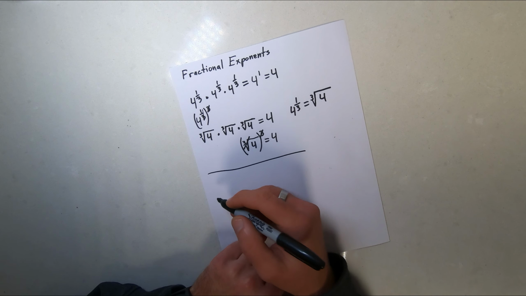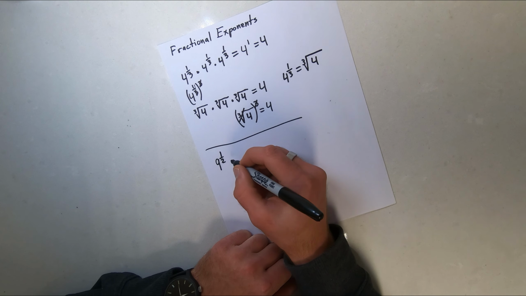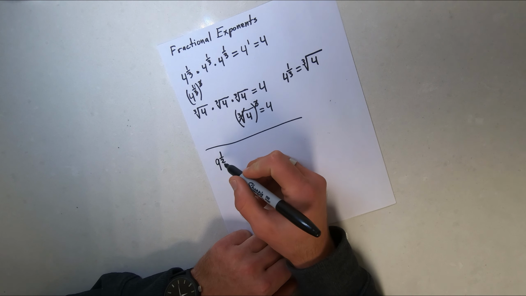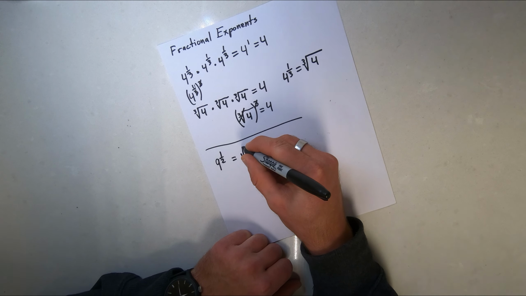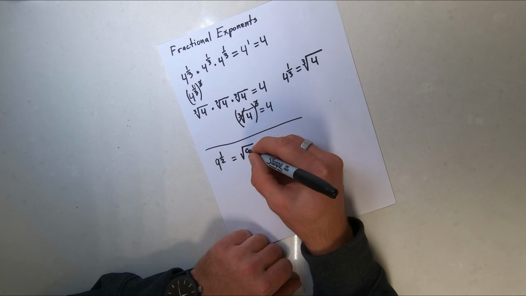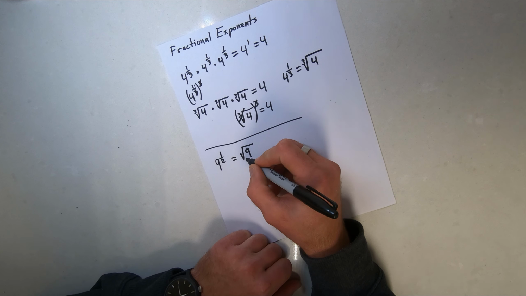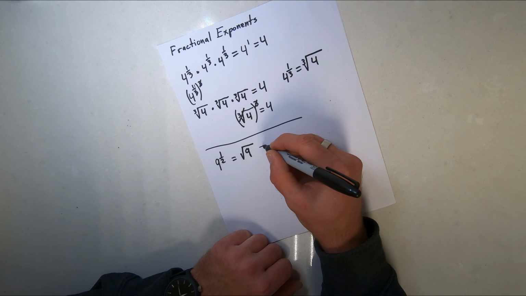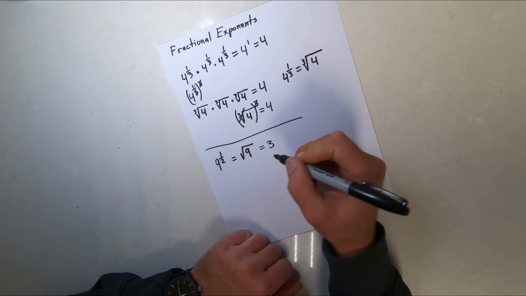Let's say we have 9 to the 1/2 power, and we know from before that 9 to the 1/2 power is the same thing as the square root of 9. Because this is a square root, we don't need to put the 2. And the square root of 9 is 3, because 3 times 3 is 9.